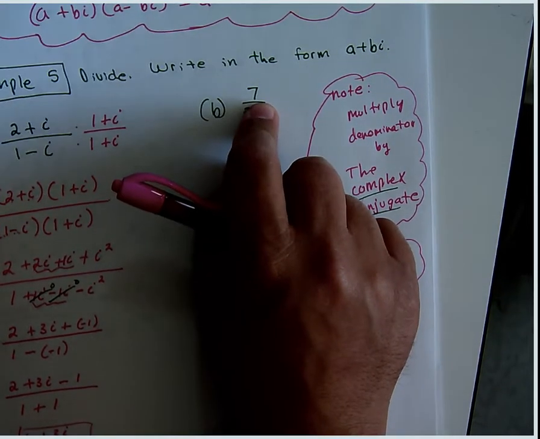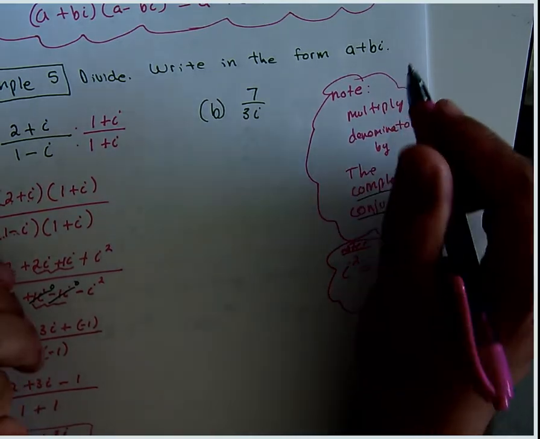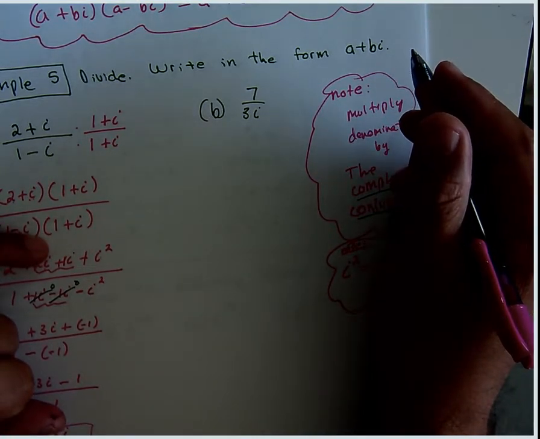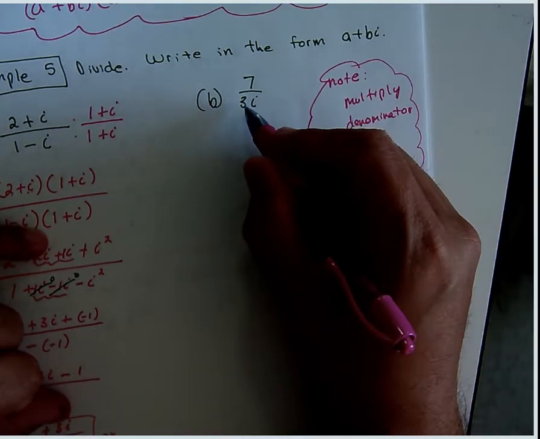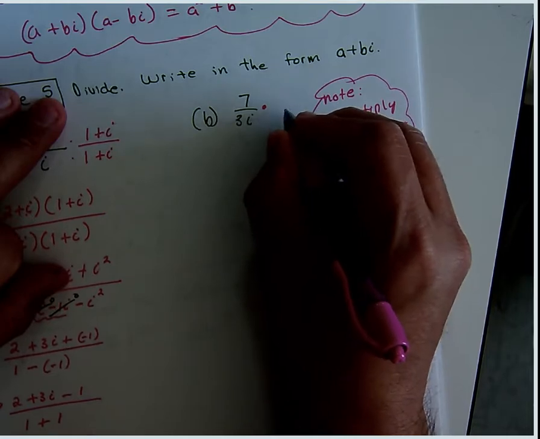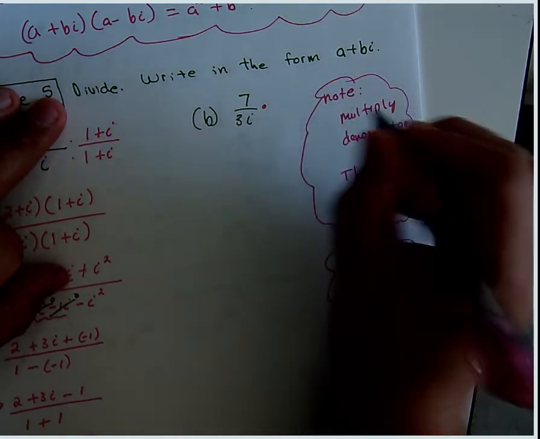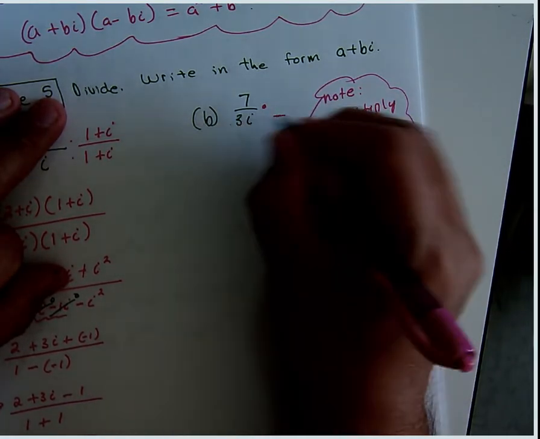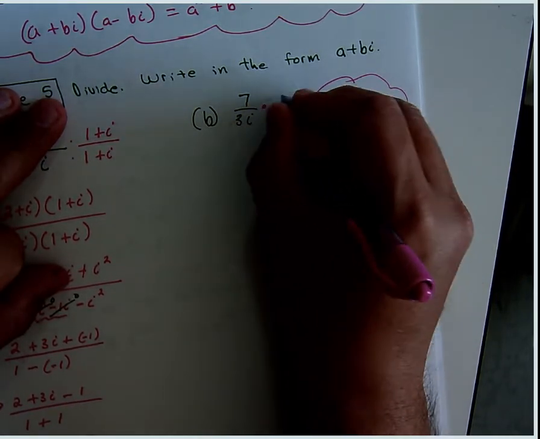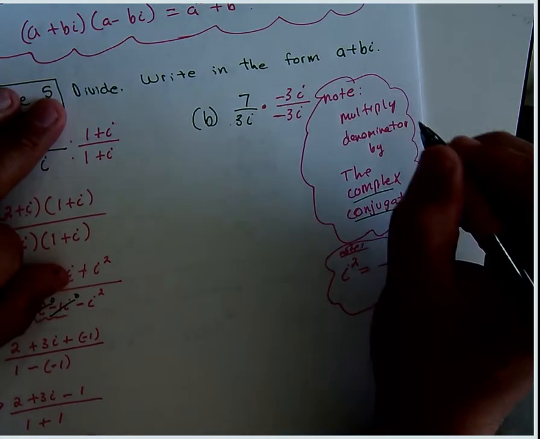Okay, for this one, you would also multiply by the conjugate again. So remember, this is a monomial, so the conjugate would be the opposite sign. You're keeping this, but you're changing the sign. Like that.